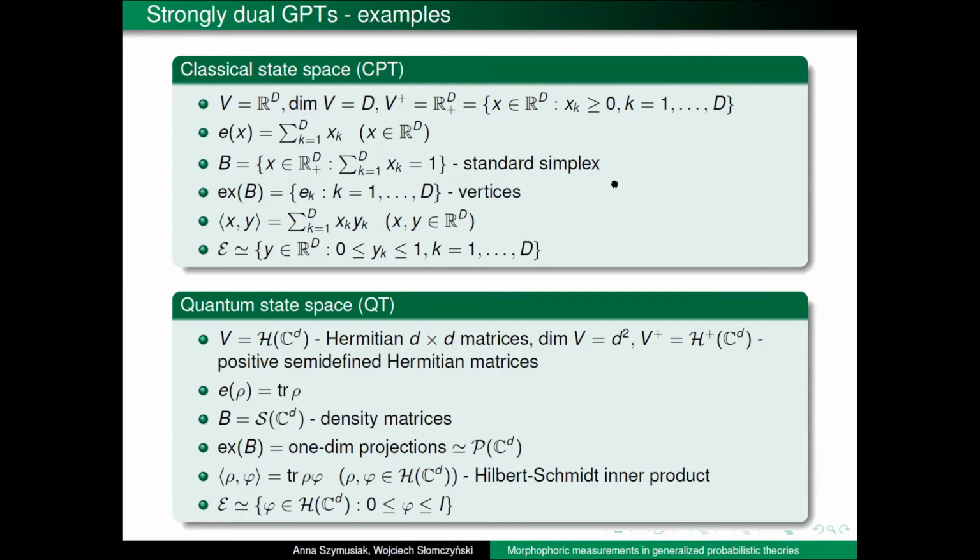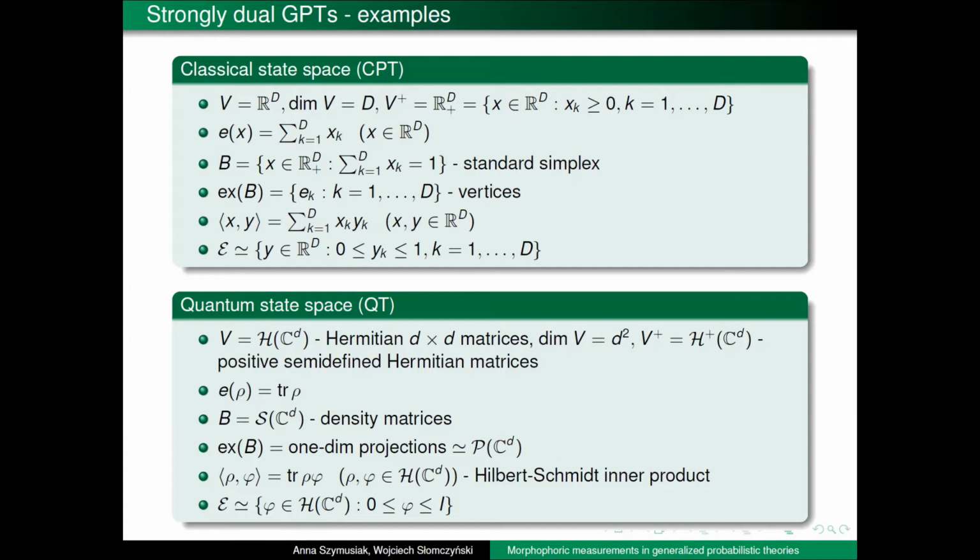So states are here just finite probabilities. Of course, we have a discrete set of pure states here. They are the vertices of this standard simplex. The inner product is just the natural inner product in R^d. And also the set of effects has a natural interpretation.